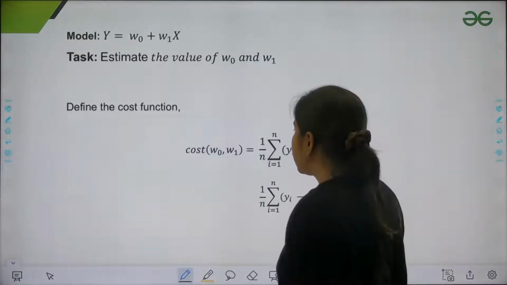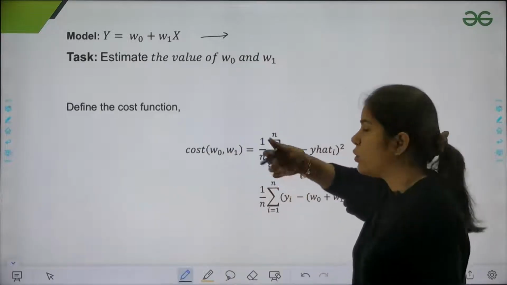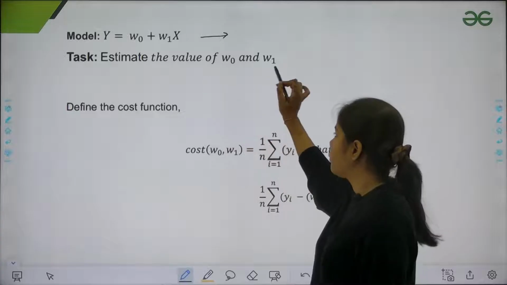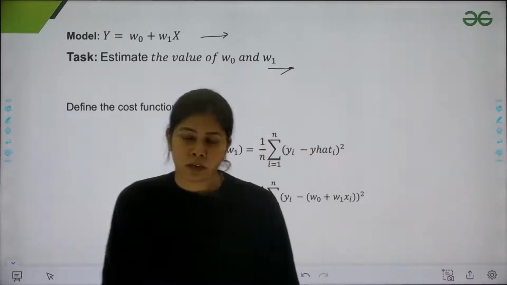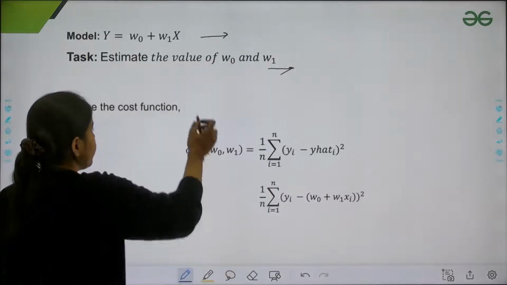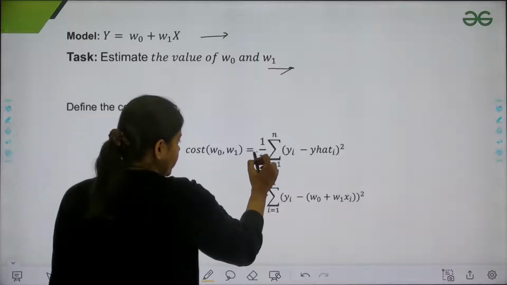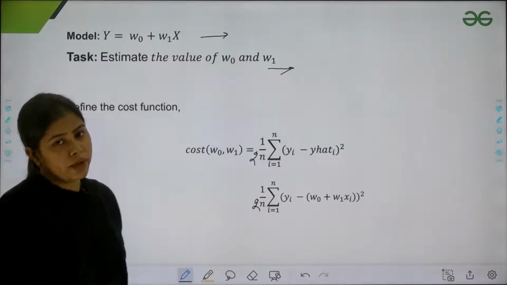Now, the model is y equals w naught plus w1 x. You can define it as mx plus b or wx plus b, it's up to you. We have to estimate the values of w naught and w1. That is our goal. You can also write 1 by 2n here, it's up to you whether to write 1 by 2 or not.